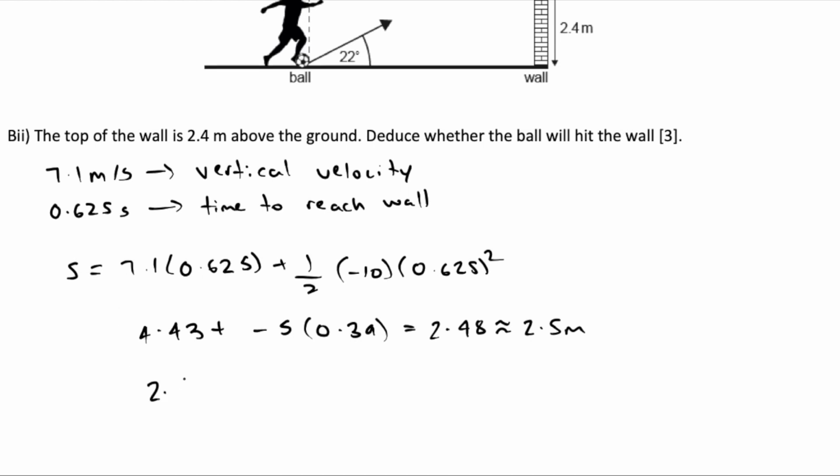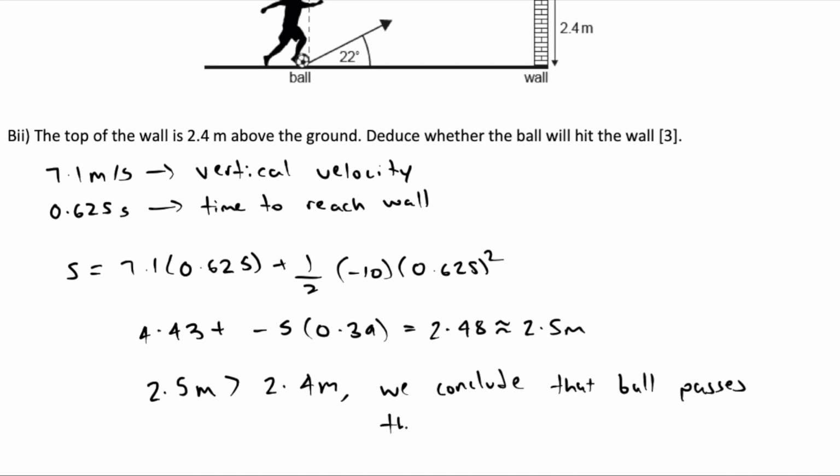As 2.5 meters is greater than 2.4 meters, we conclude that the ball passes the wall, meaning it does not hit the wall, because it is above the wall at the given time. Using our kinematic equations, we have solved this question, and that is our final answer, and that should be all 3 marks.